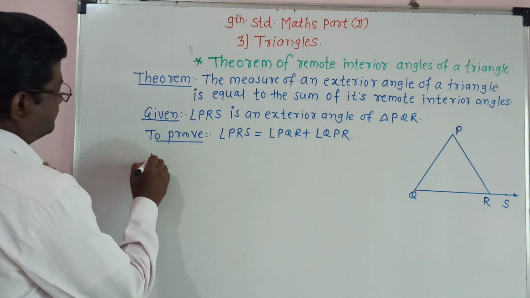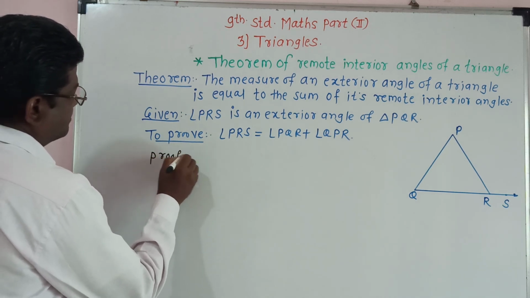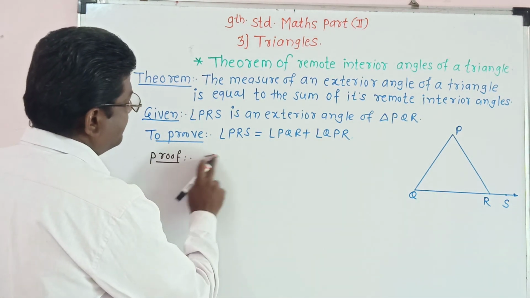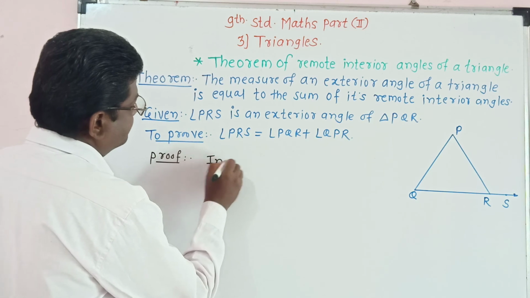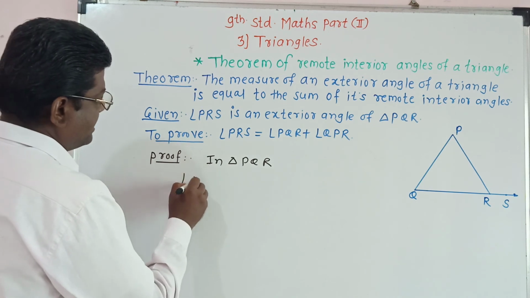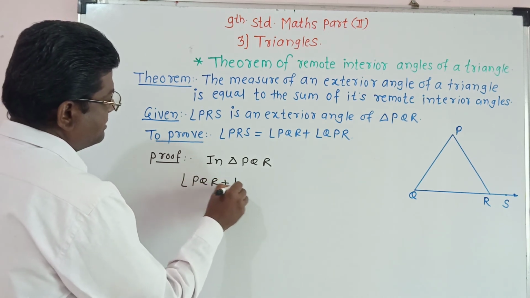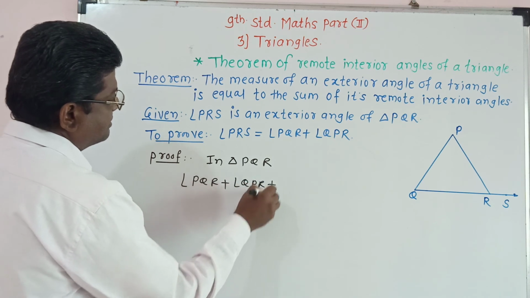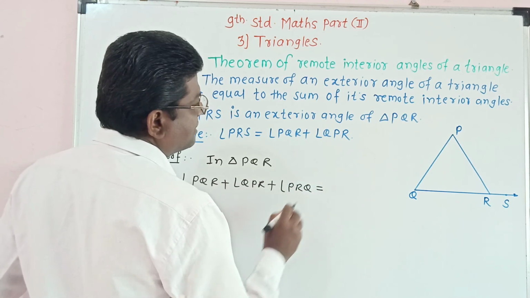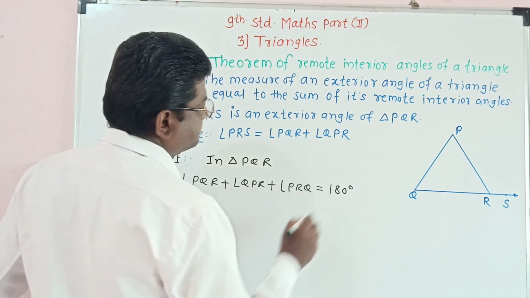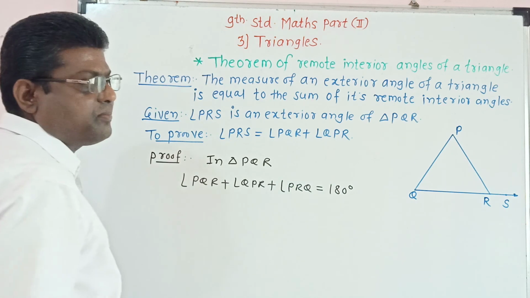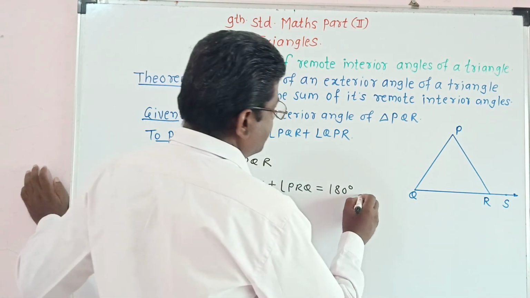Now the proof. In triangle PQR, angle PQR plus angle QPR plus angle PRQ is equal to 180 degrees. The sum of measures of all these angles of a triangle is 180 degrees.